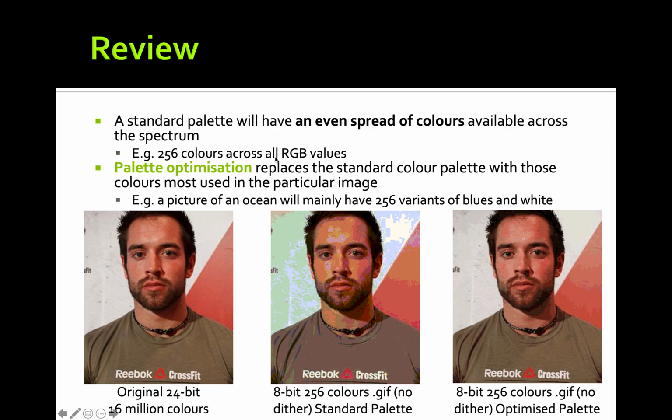But on the other hand, palette optimization replaces the standard color palette with the colors which are most used in the particular image. So instead of using the standard RGB palette, which has 256 colors across all RGB values, when we are doing palette optimization, fewer colors are used. Why do we need to provide all the colors available in the standard palette?